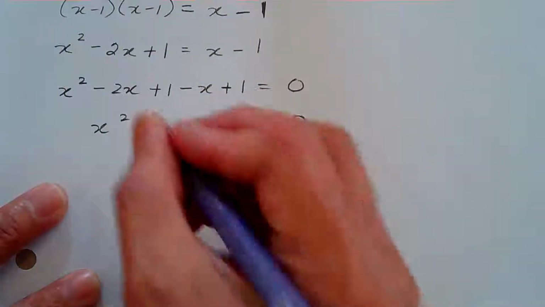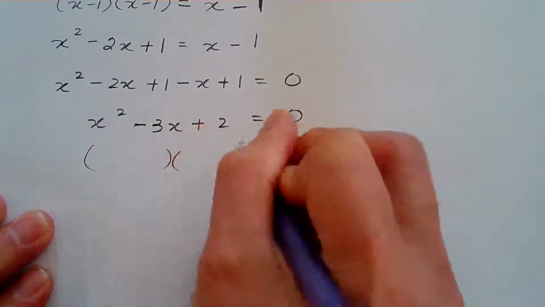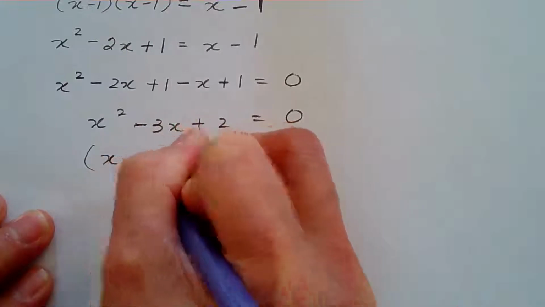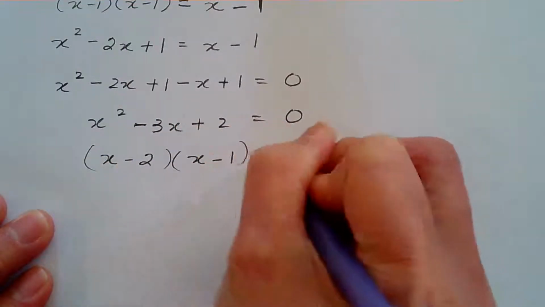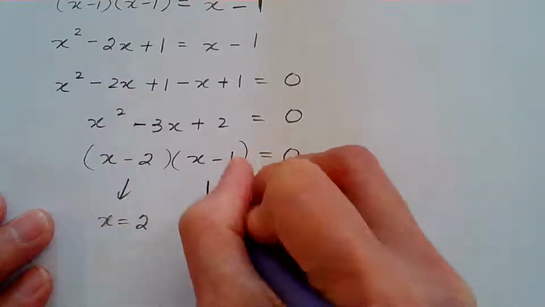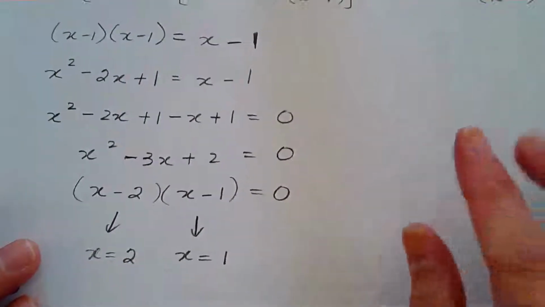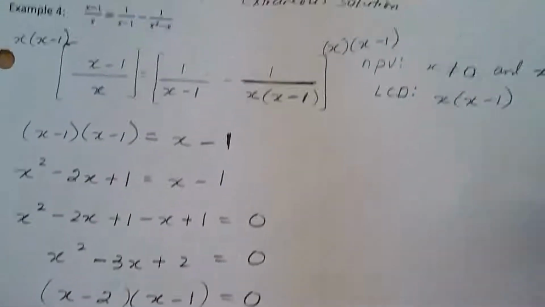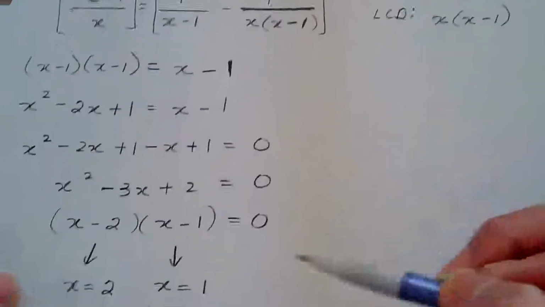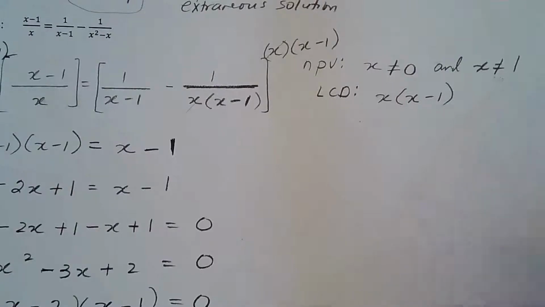Good. You think it's factorable? Yeah? So it's x minus 2, x minus 1 equals 0. So that means x better be 2 or x equals 1. And we check. The solution says x equals 1, but 1 is our non-permissible value.